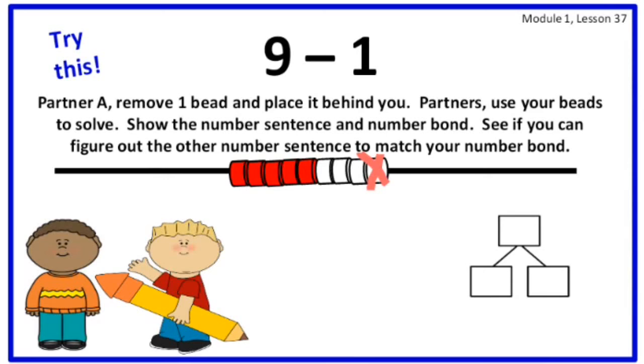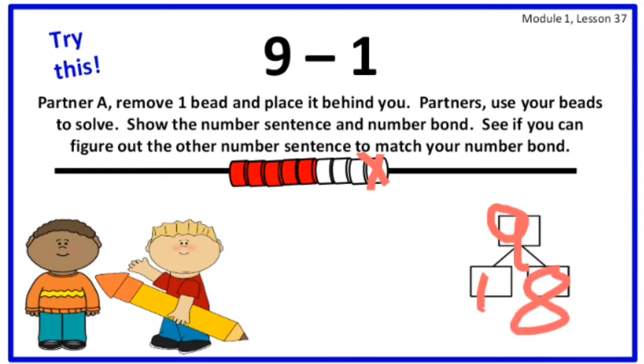Very good. So if I'm to draw my number bond, it's going to look like this. Number bond first will be 9 as the whole, then 1 as the first part, because that's what they gave us to solve with, and our answer is what? 8.